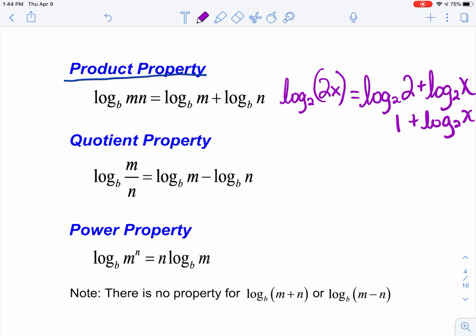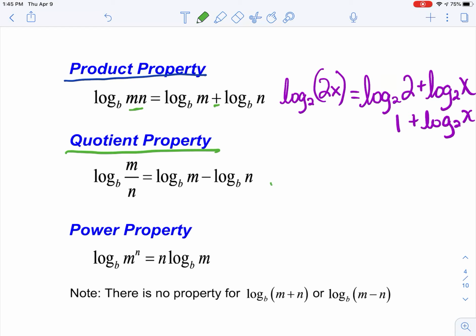All right, quotient property. Quotient property, here we go. If I am dividing, I can expand my log to be a subtraction. So multiplication is addition. Division is going to be subtraction.